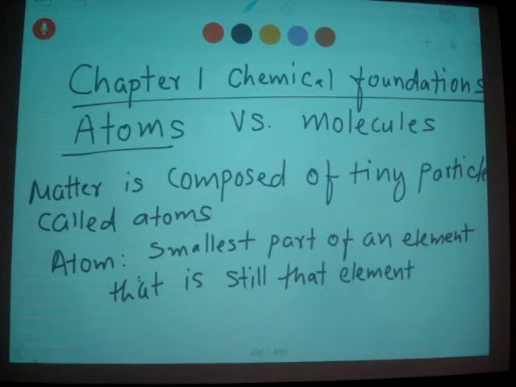That's an atom. The properties of that smallest part of the element, it still is that element. That's called an atom. Now what's a molecule?